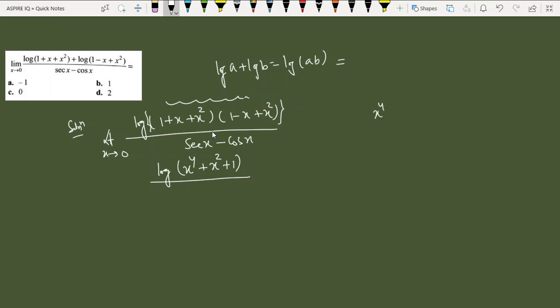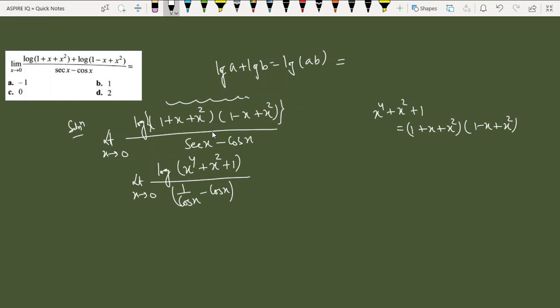So let me write it down. You need to remember it: (1 + x^2) into (1 - x + x^2). Now change sec into cos: 1 by cos x minus cos x, limit x tends to 0.